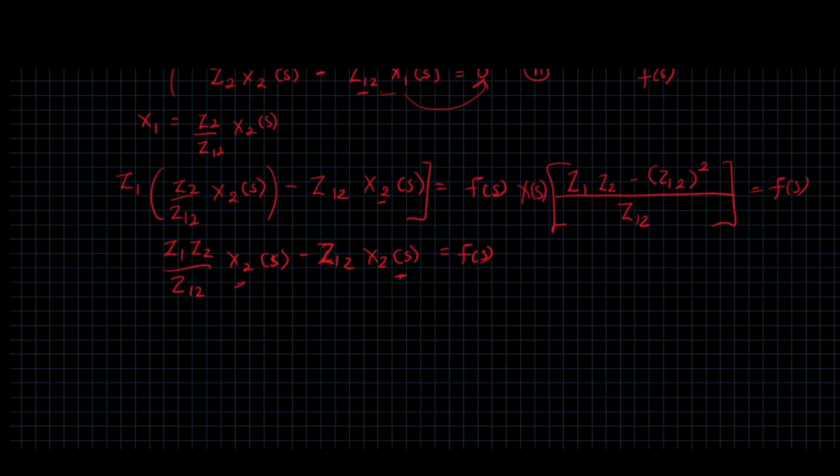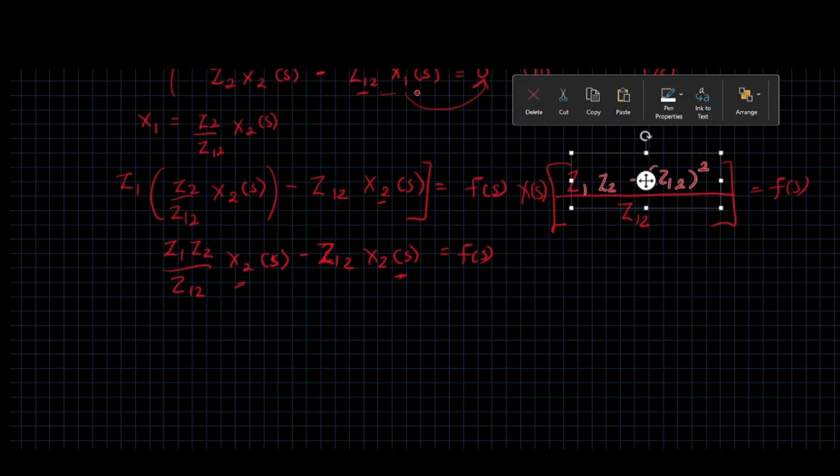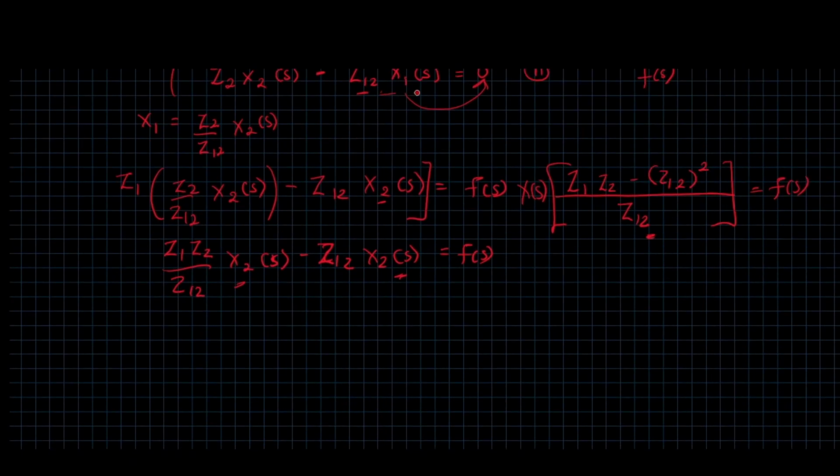Now, so that we don't have any kind of LCM, you can just multiply both sides with Z12. This will become X2 of S, Z1 Z2 minus Z12 squared equals Z12 F of S. Now you can simply just substitute backward this way.